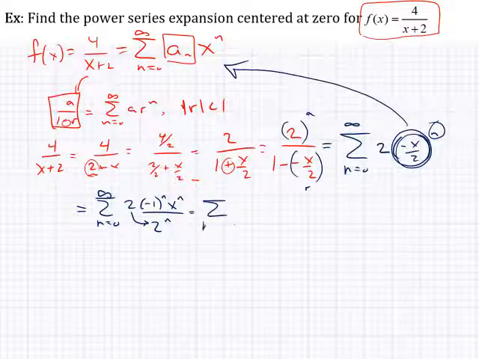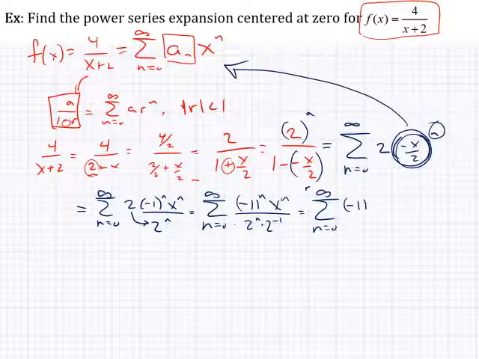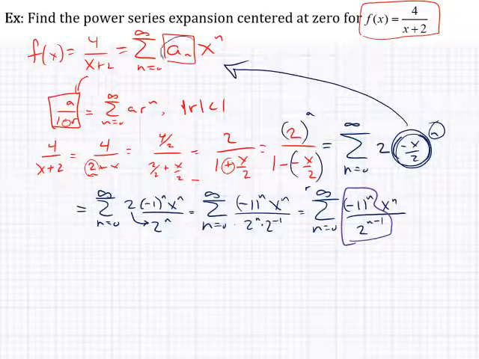So I have the sum of n equals 0 to infinity of negative 1 to the n, x to the n over 2 to the n times 2 to the negative 1, which I can then write as the sum of n equals 0 to infinity of negative 1 to the n, x to the n over 2 to the n minus 1.